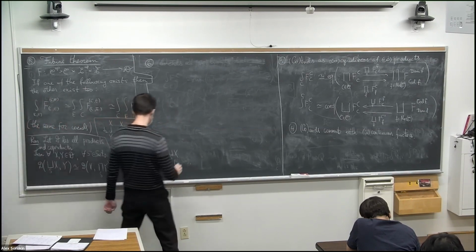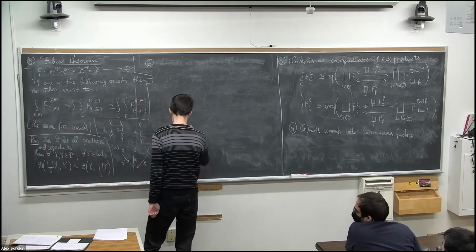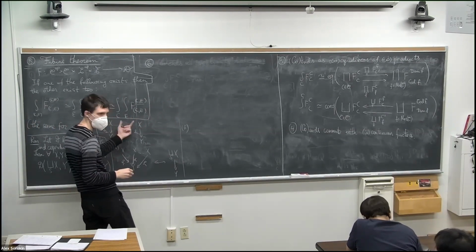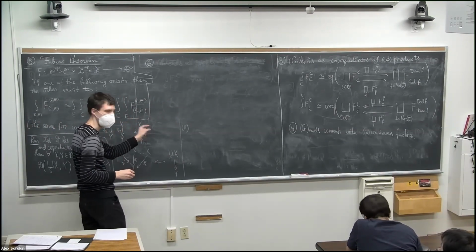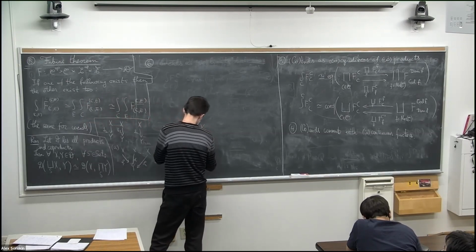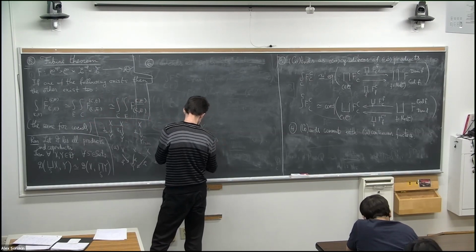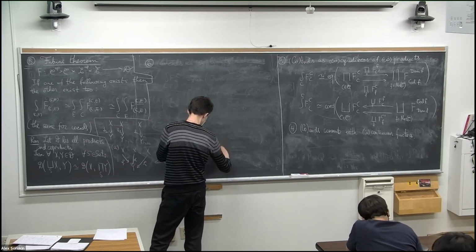Case B: I can arrange these maps, because they have the same domain, as a bunch of maps from X to Y, Y, Y. Here is 1, here is 2, and here is n.